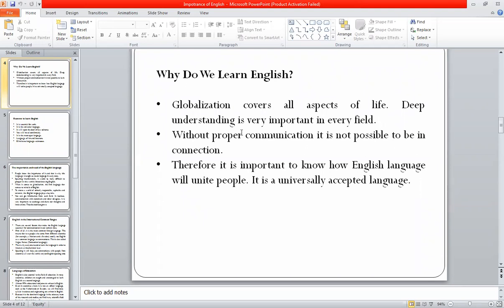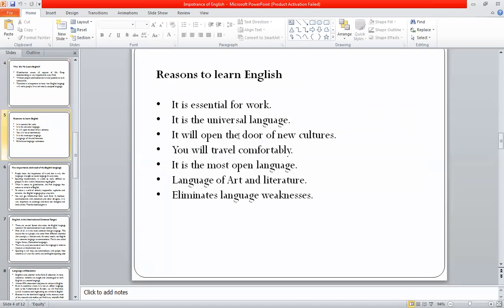Globalization makes it easy for us to be in connection or contact with each other. And without communication, it is not possible. So that's why we learn the language.